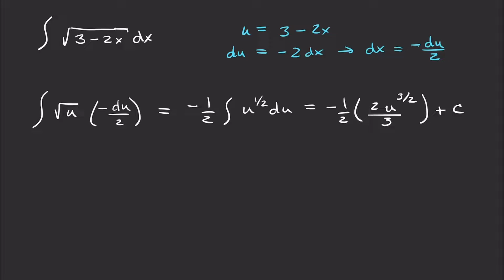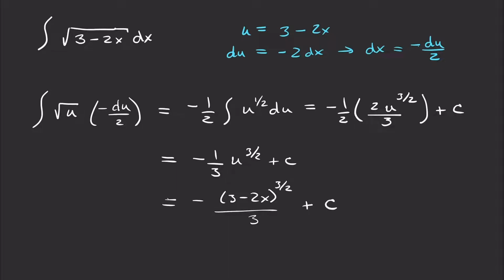You can just flip your exponent and multiply by it rather than dividing by a fraction. And so if we simplify, our 2's are going to cancel, and we get minus 1 over 3 u to the 3/2 power plus c. And if we plug in, we get minus 3 minus 2x to the 3/2 all over 3 plus c.